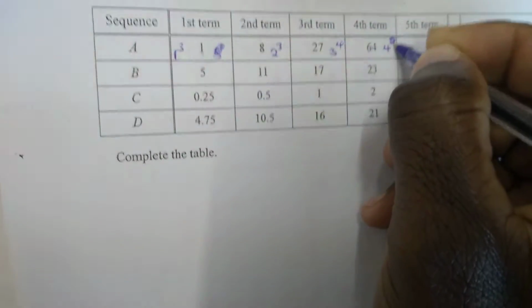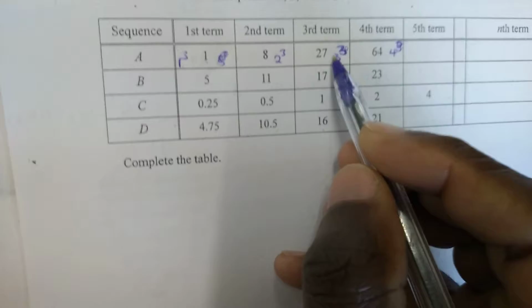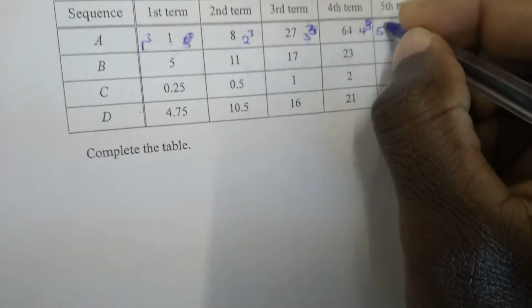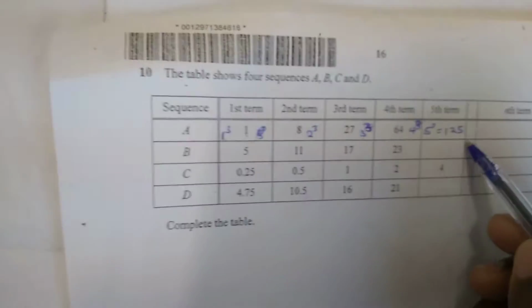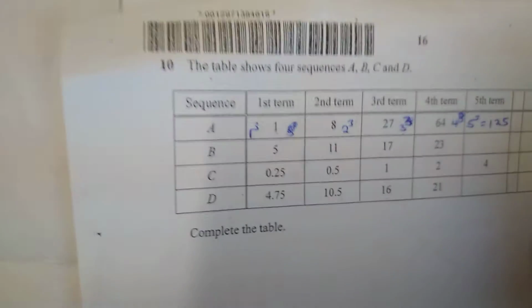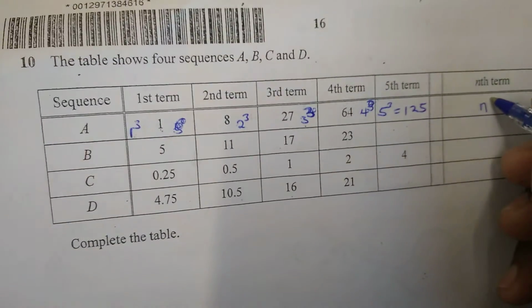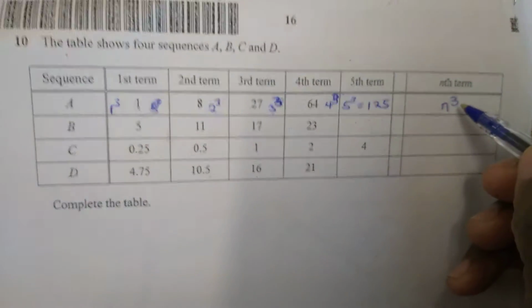So all these are cubes: 1 cubed, 2 cubed, 3 cubed, 4 cubed. So here we have 5 cubed, so the answer is 125. And the nth term is going to be n cubed. That is the nth term of the sequence.